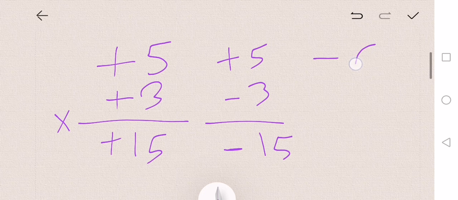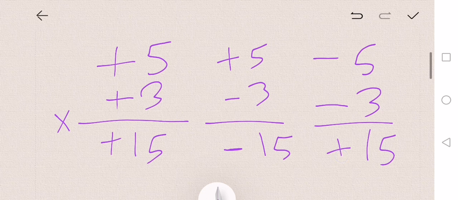If this is minus 5 and minus 3, this should be plus 15. Okay, so minus and minus, if you do multiply, that should be a plus. Okay, right, so now let's have a look.